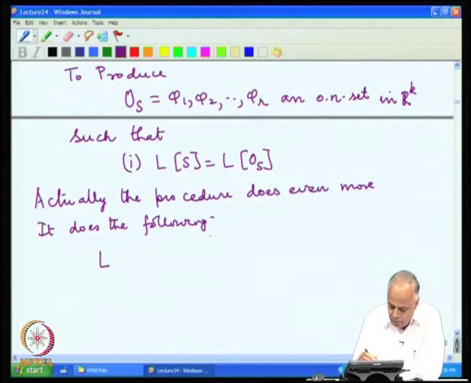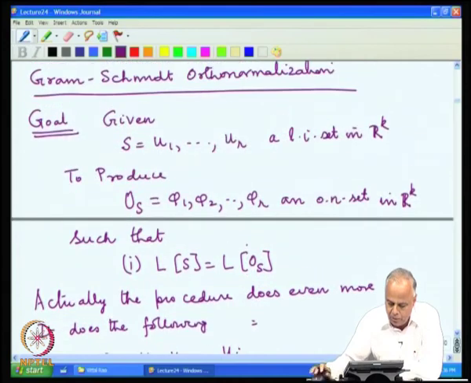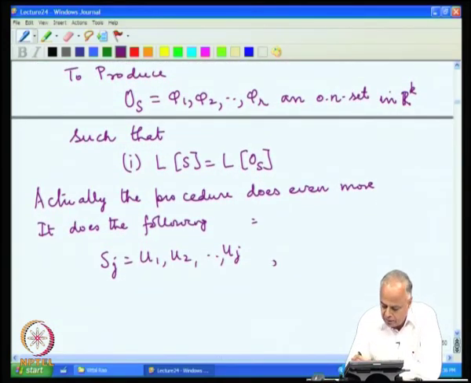Let us use a certain convenient notation before we state this. Let us take Sj to be u1, u2, up to uj. We had r vectors u1, u2, up to ur. Out of this we are selecting the first j vectors.